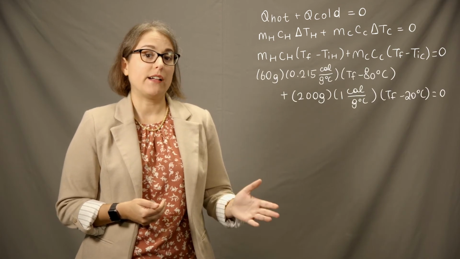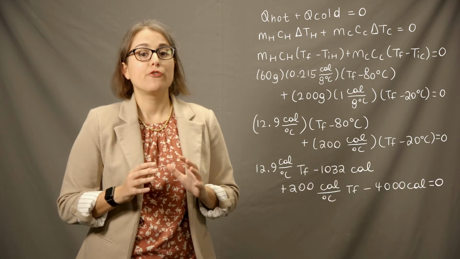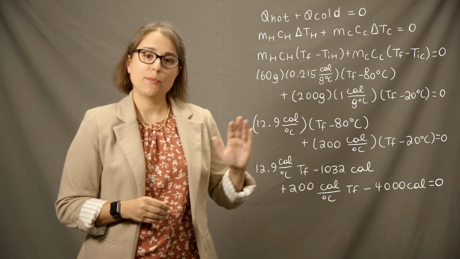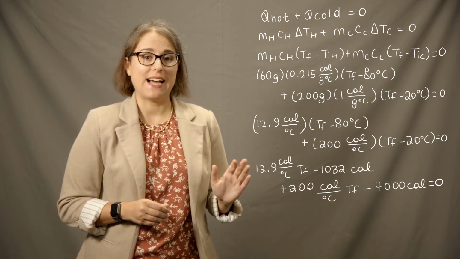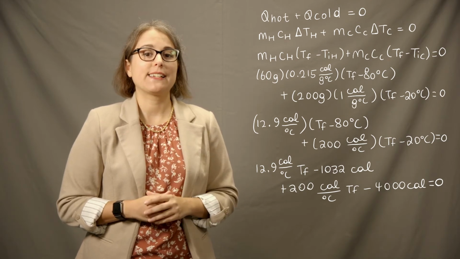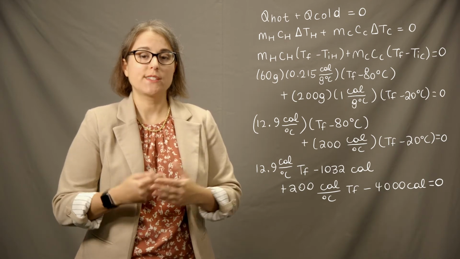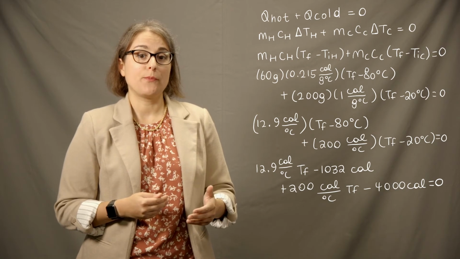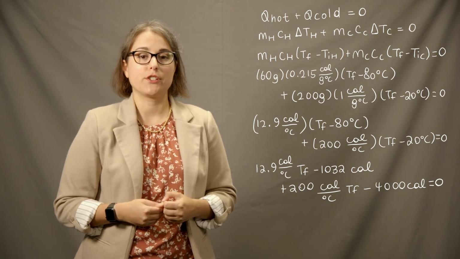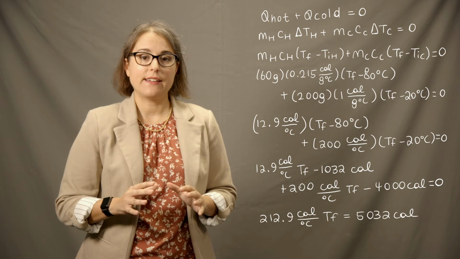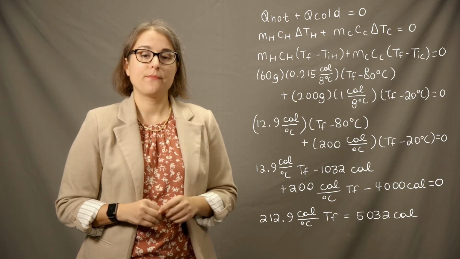Plug in the known values and multiply. For the hot substance, distribute through the 12.9 calories per degree C. For the cold substance, distribute through the 200 calories per degree C. Then, combine like terms.